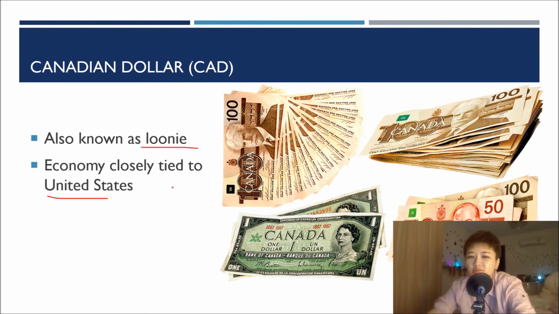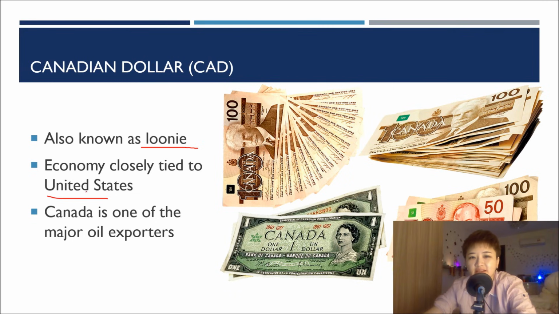I'm going to talk more about oil investing in another free course, which I'll launch onto YouTube. So stay tuned for that. Canada is a major oil exporter, so if you're an oil investor, you gotta take note of that. And also if you trade the Canadian dollar, you can use oil prices as a reference.